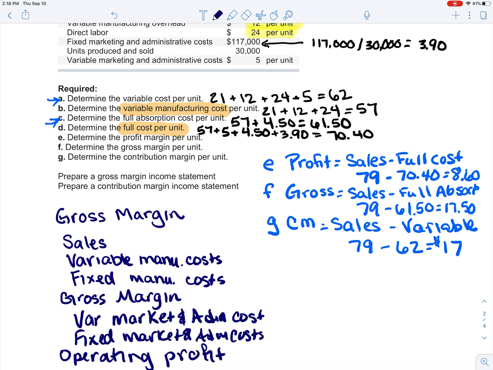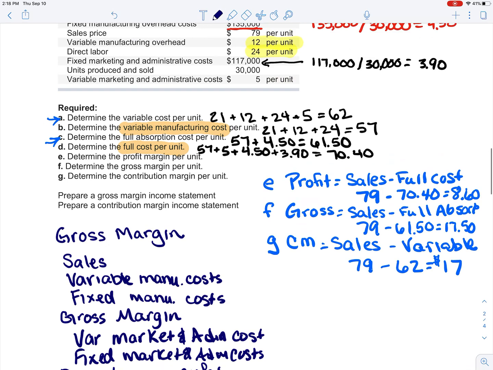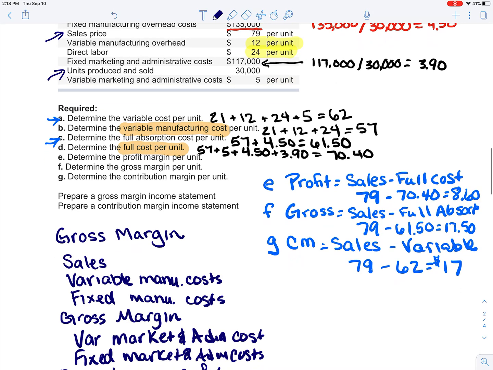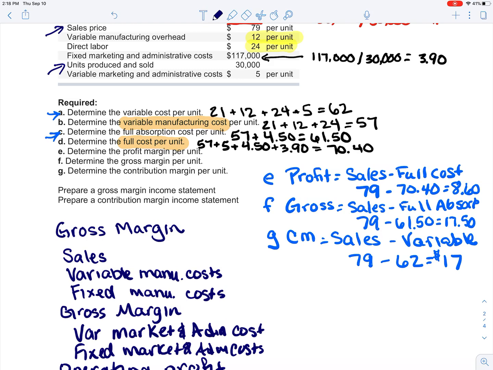So let's take a look at the numbers here. Our sales, well, we know that we're selling each of these for $79 per unit, and we sold 30,000. So if I do that math, it comes to 2,370,000. Our variable manufacturing costs, we looked that up.